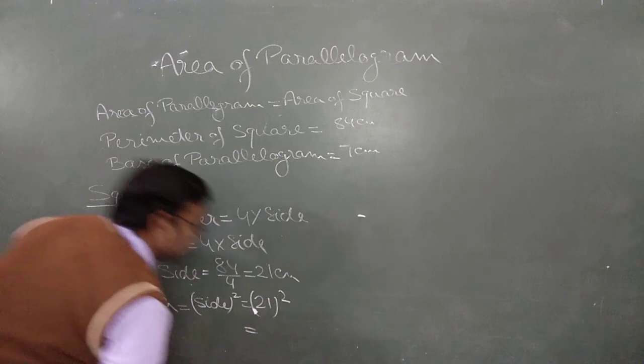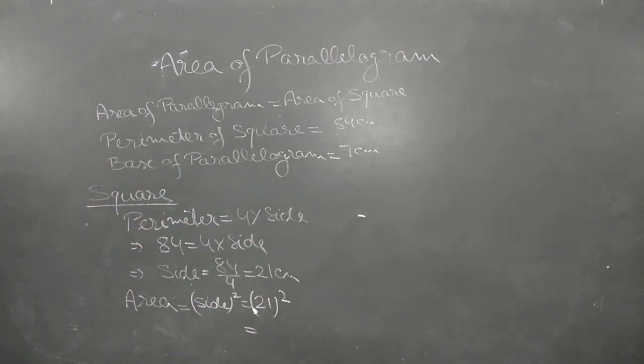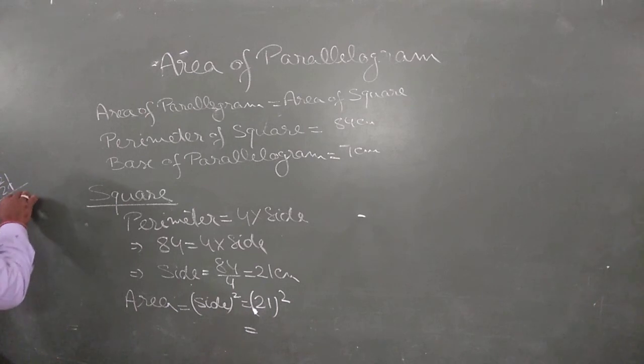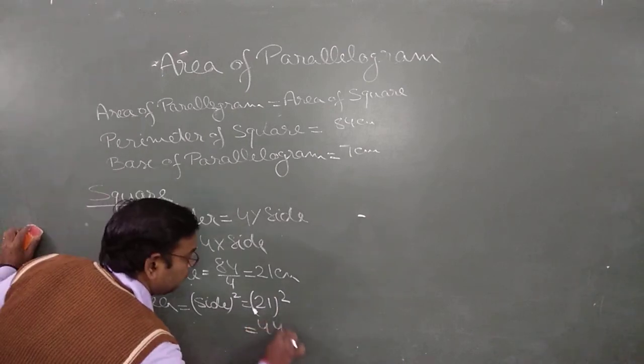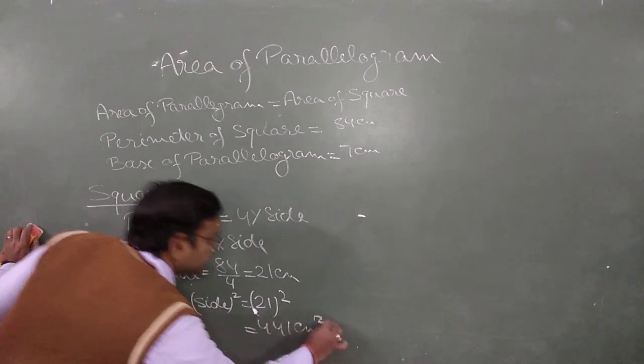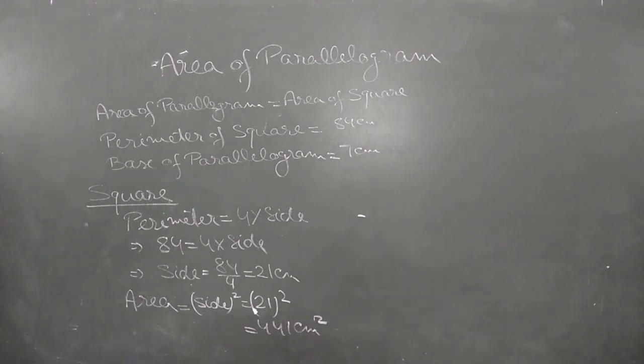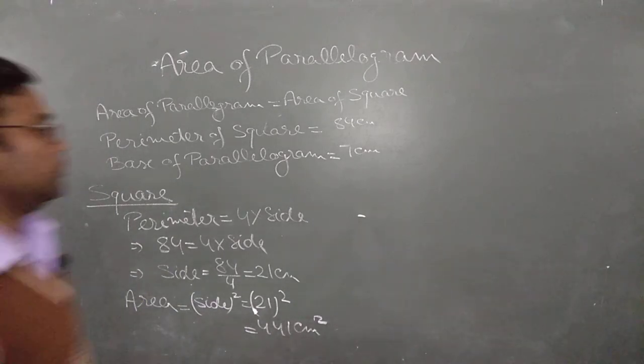It's 441. If you don't know, multiply it. As we know, 20 20s are 400 and 1 1 is 441. How we know? Just see. It's 441 centimeter square. This is the area of your square.